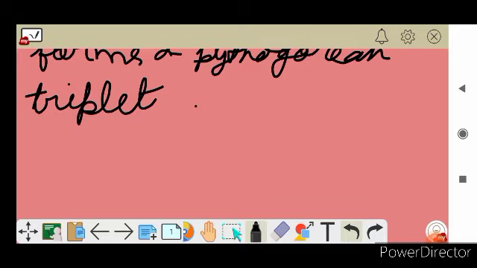Pythagorean triplets are 2m, m square minus 1 and m square plus 1. These are the Pythagorean triplets. It's used in exercise 6.2.